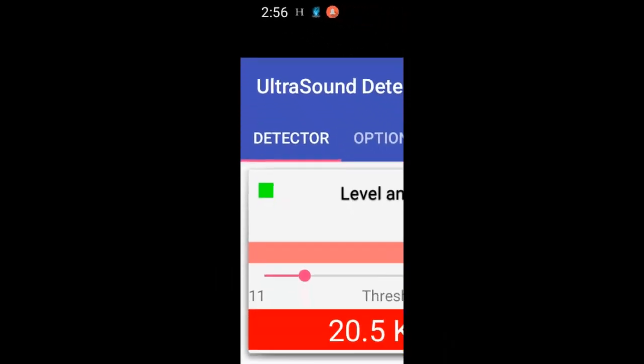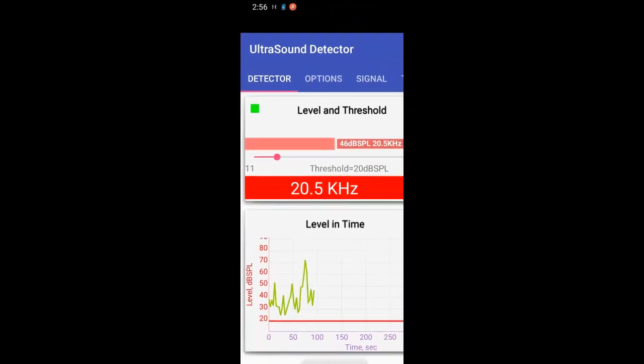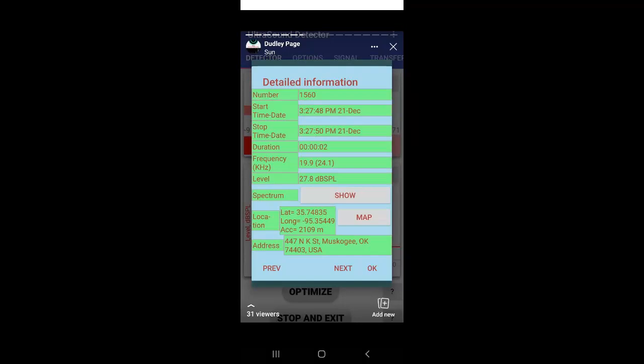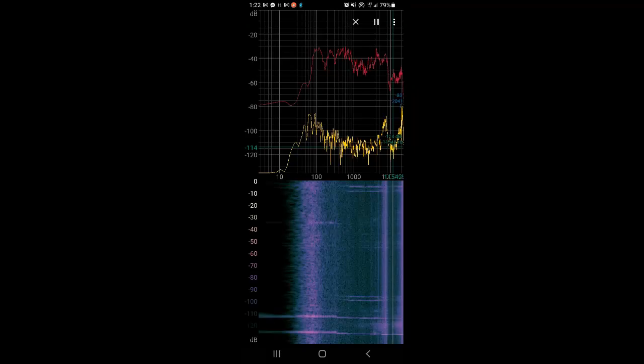This is what we're looking for from the Ultrasound app. This is the spectrum it showed, and it's also showing the location. That's exactly what we have right here. The high frequencies are the two on the right, and it has some excess static around 747.